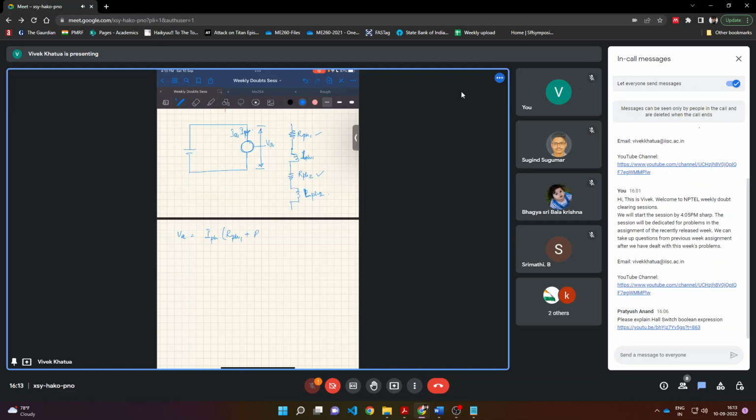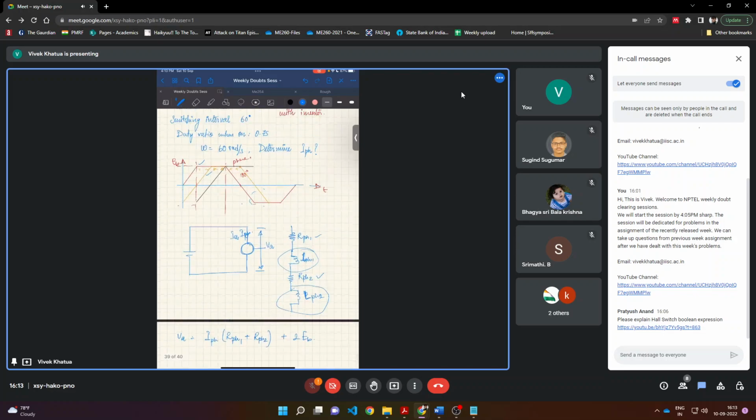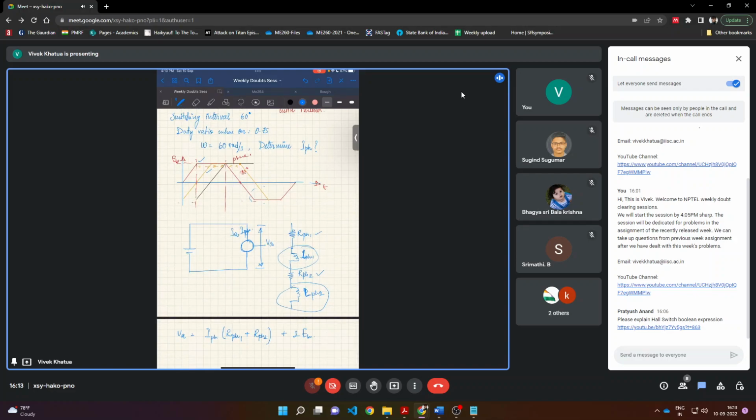If both the resistances are the same, then you can write two times of it, plus two times of the back EMF, because this back EMF is generated from one coil, and then the other back EMF is generated from the other coil. So this is our expression.